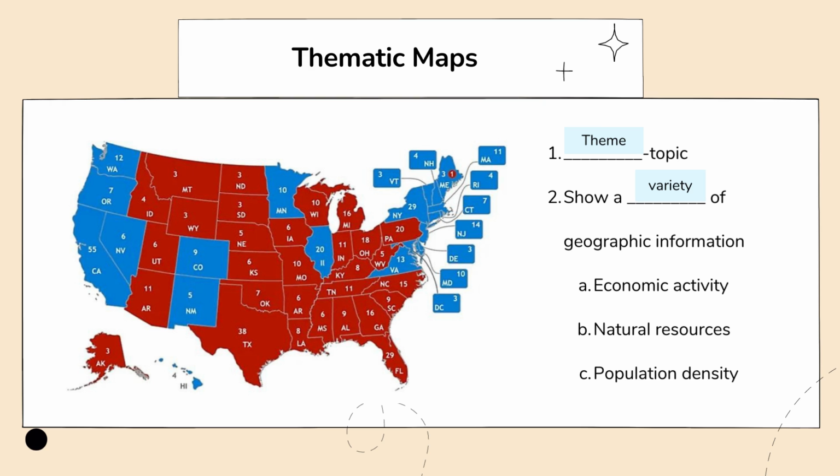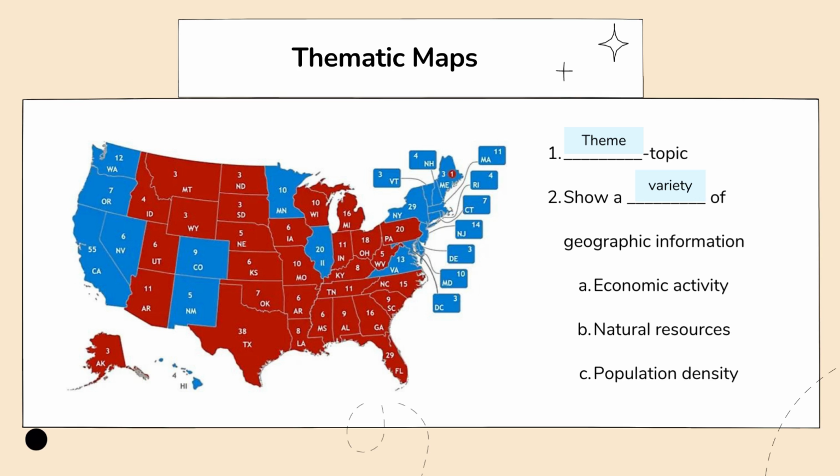So the last important thing to know about maps is that there are often maps made about different themes or topics. So for example, the map on your screen is a map that may show the outcome of a vote in an election. So this is a type of map that shows the United States and the 50 states, and if they voted Republican or Democrat in an election. This is a thematic map because it's a map about a specific topic.